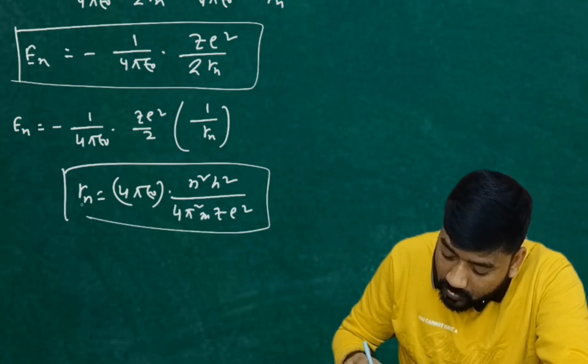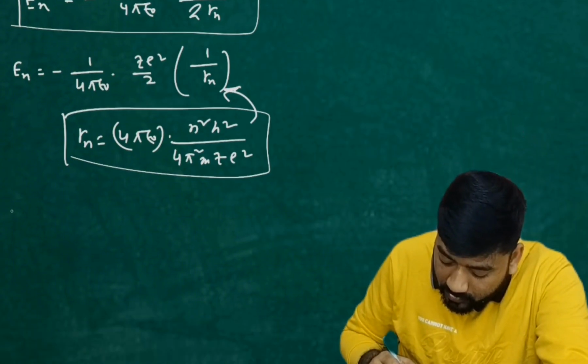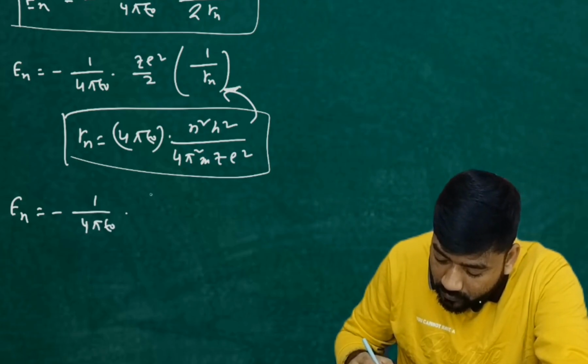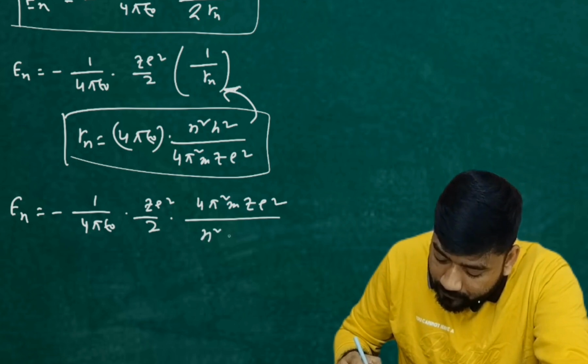Now if you put the value of Rn here, you will get the reciprocal of this, and your En will be minus 1 upon 4 pi epsilon naught into Z e square upon 2 into 4 pi square m Z e square upon n square h square.